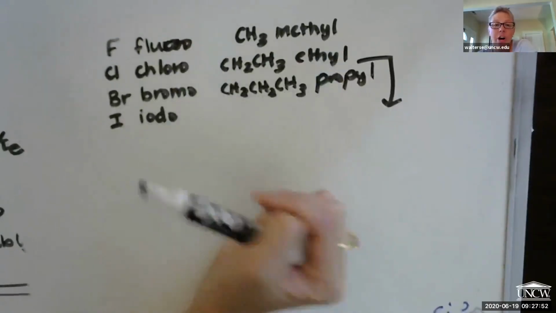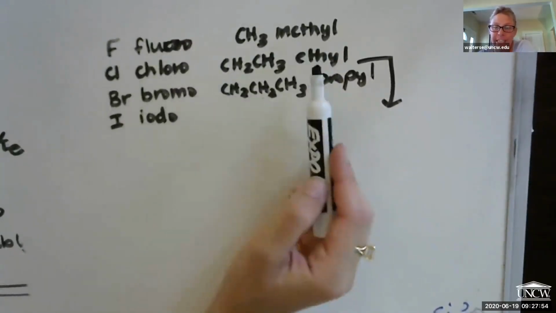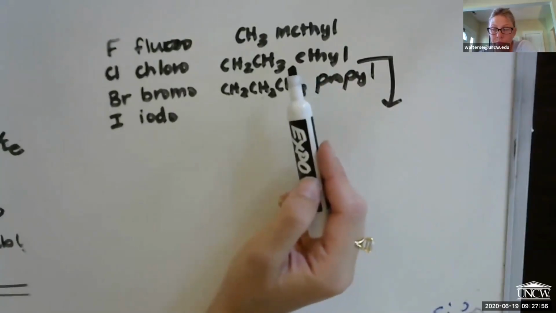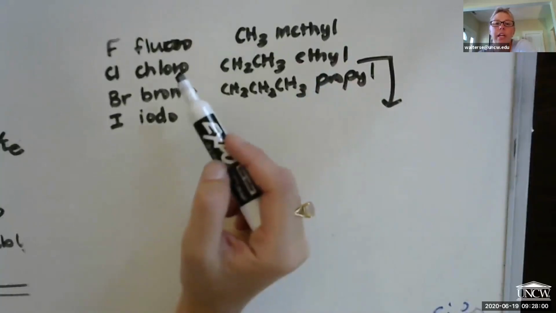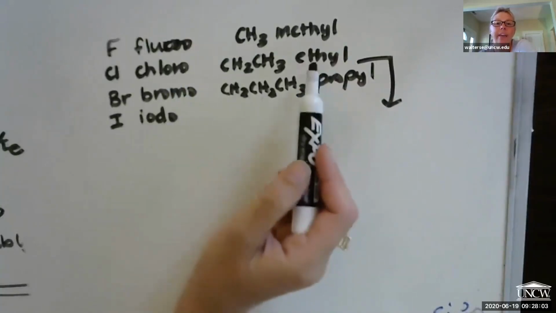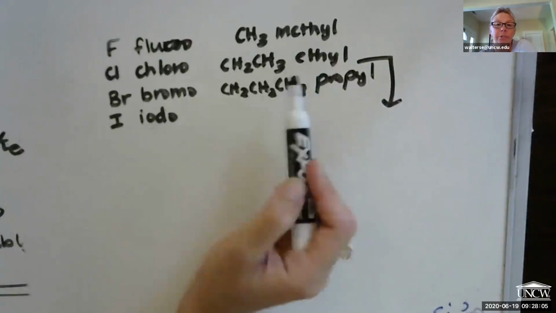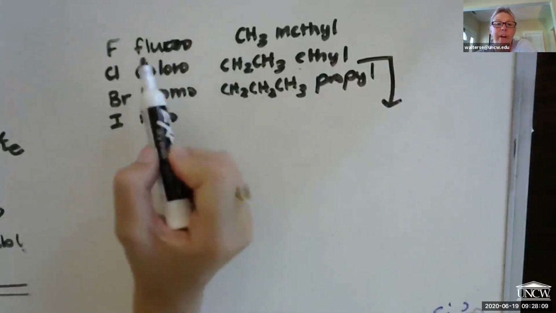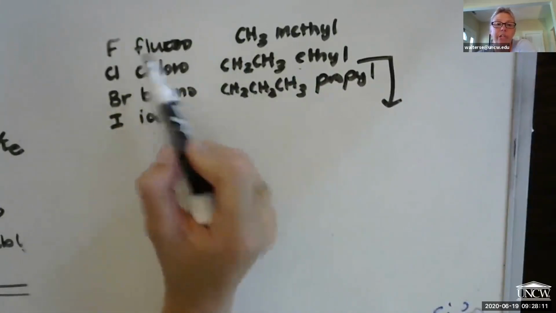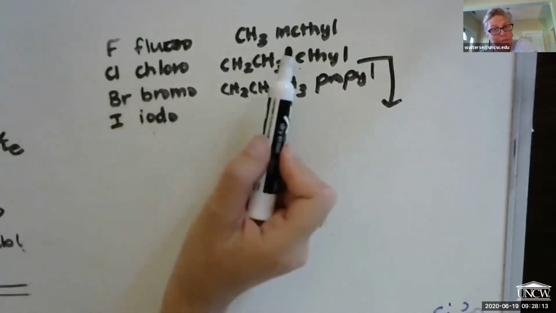And these are all equivalently, I guess, of importance. So if you had an ethyl group and an iodine group, the ethyl would be named before iodine. But if you had fluorine and methyl, then fluorine would be named before methyl.